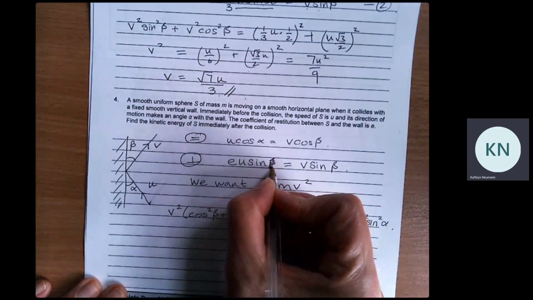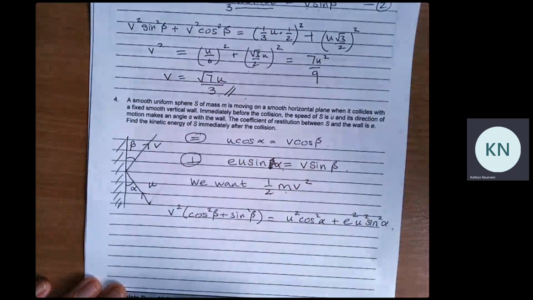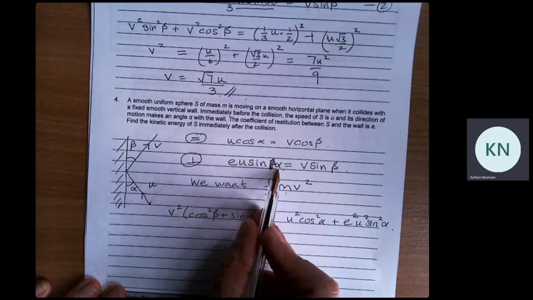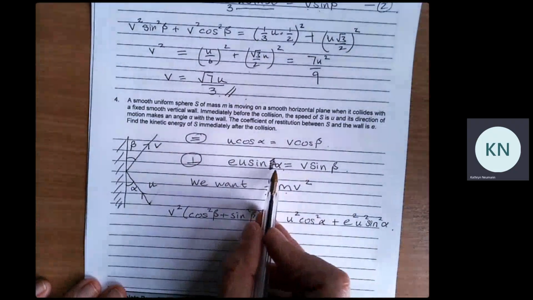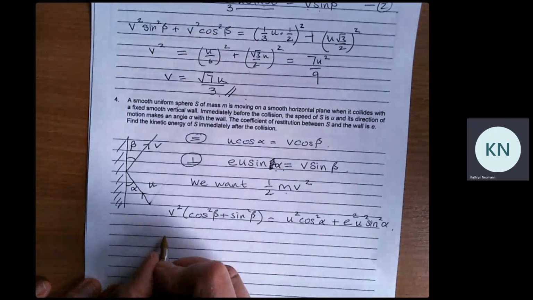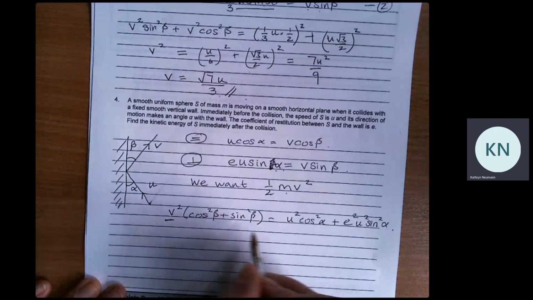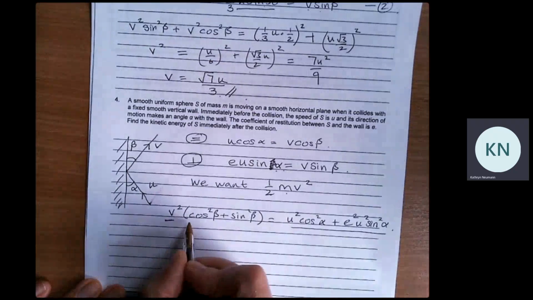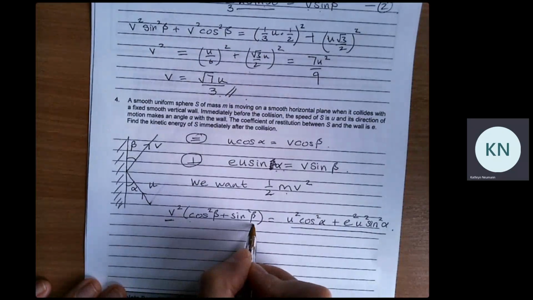Just notice slight error there. That should be an alpha. So this is E U sine alpha is V sine beta. So apologies for that. So we've now got this equation here. So I can see that V squared is equal to all of this expression here. This section is equal to 1.